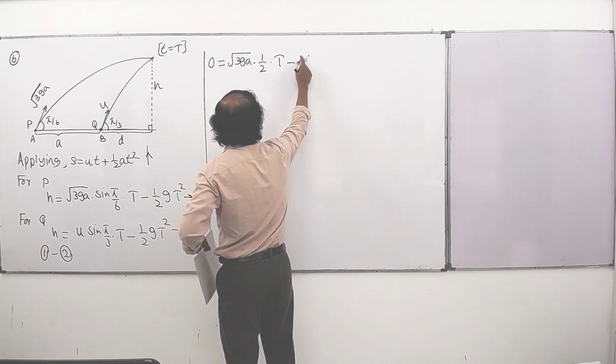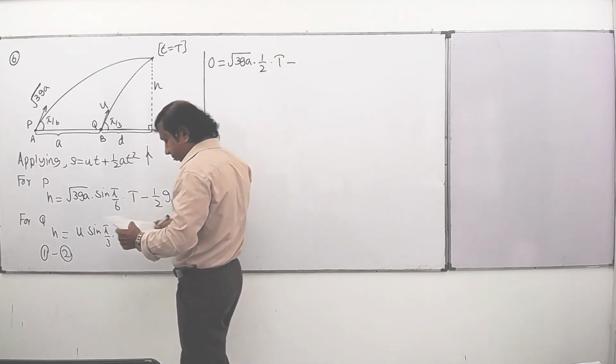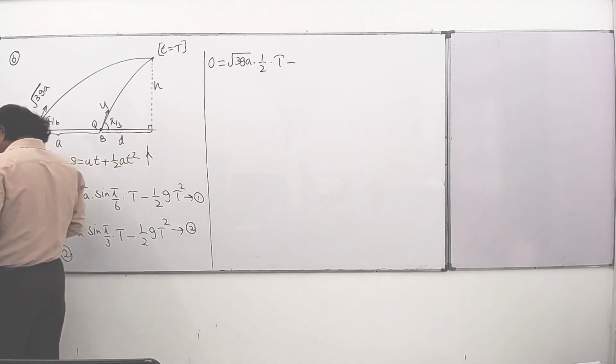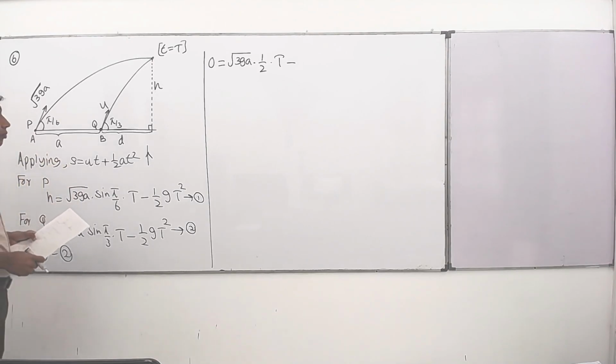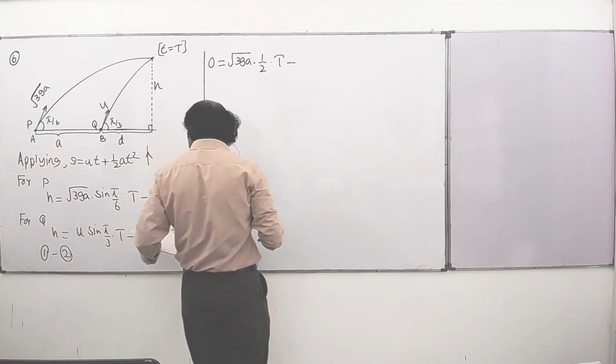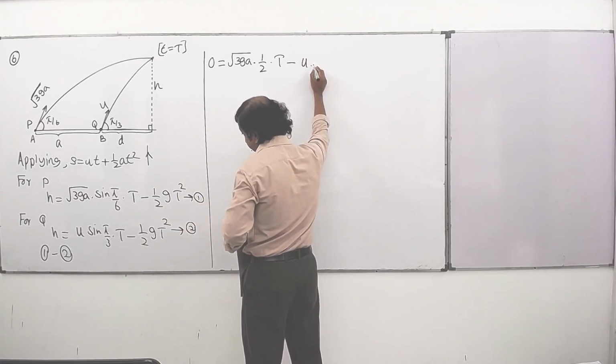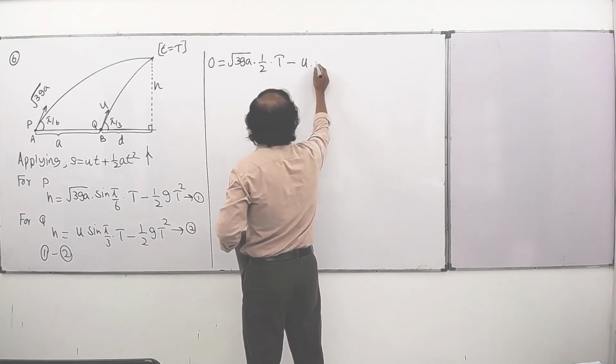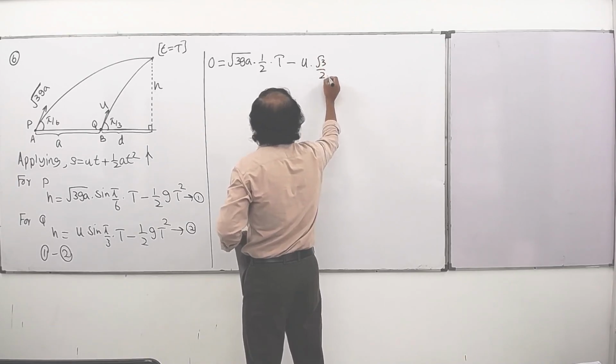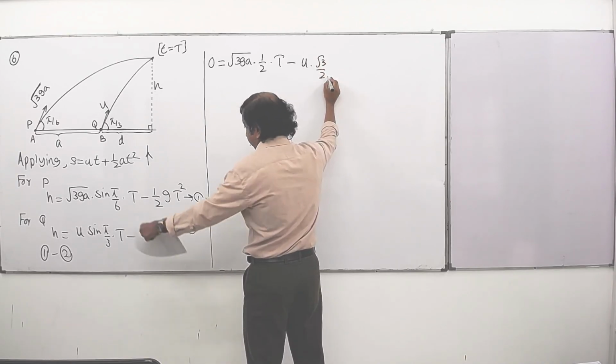Minus u sine pi by 3, sine 60, root 3 by 2, times T.